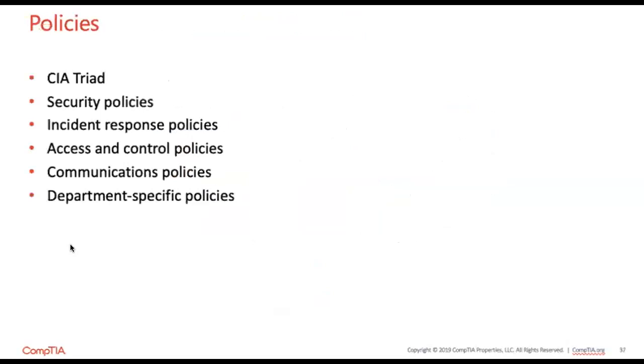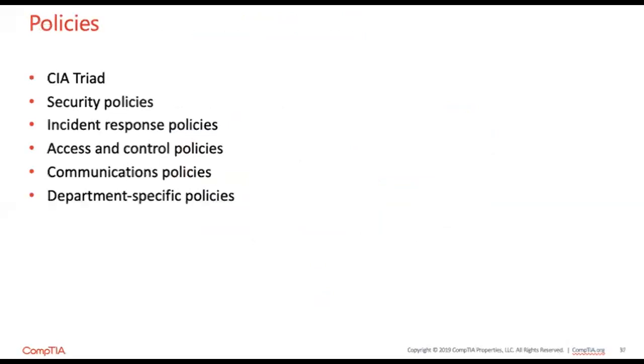Now, when we're going into the final parts, which is policies, we're looking at six things: your CIA triad, your security policies, your incident response policies, access and control policies, as well as communication policies and department-specific policies.